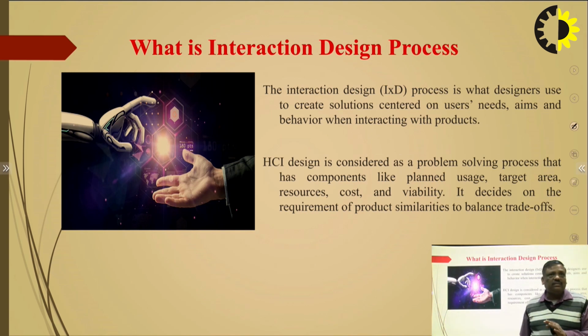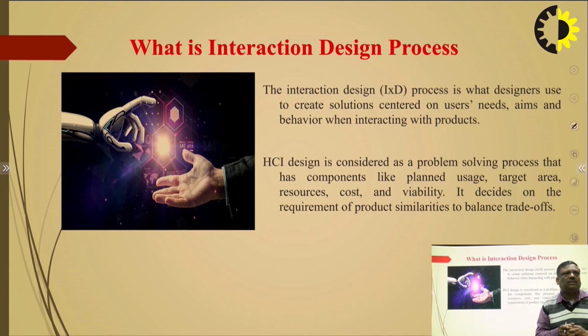So what is the interaction design process? When a designer creates a design or solves any problem, suppose users have some objective and the designer creates a design layout. He follows certain steps when involved in a design process.